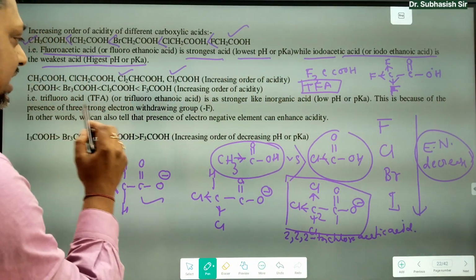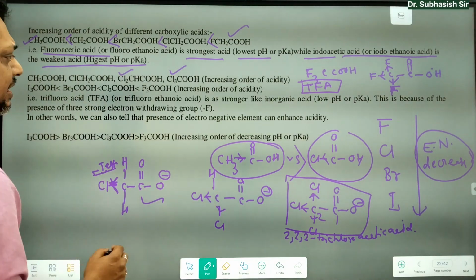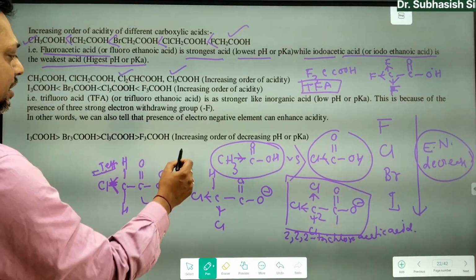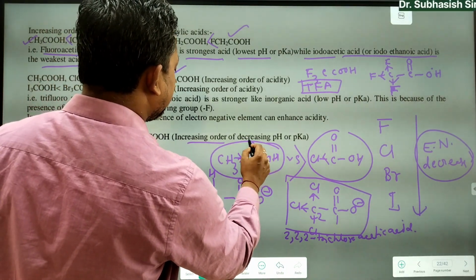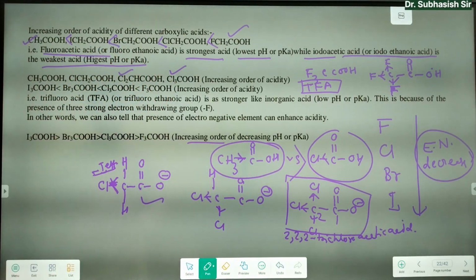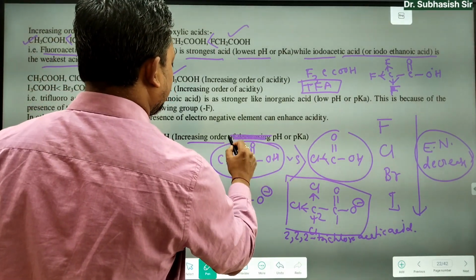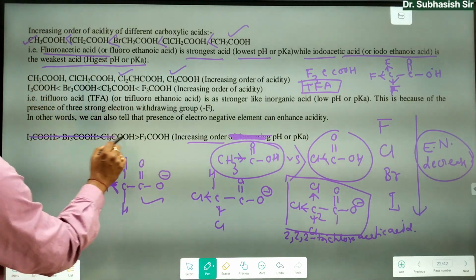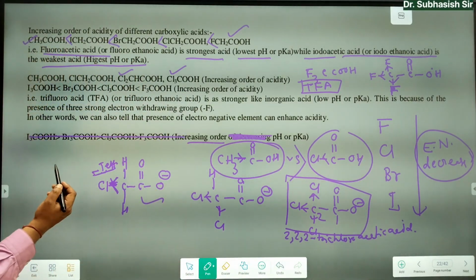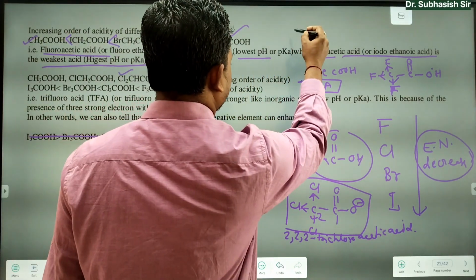Okay, so you can see clearly I have written this in increasing order of their pKa, increasing order of pH. If you see the increasing order, which one will be much stronger among this?